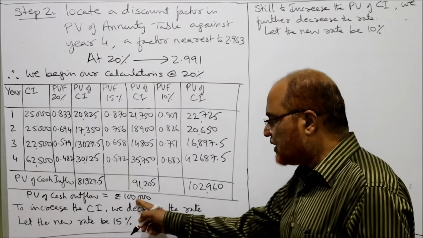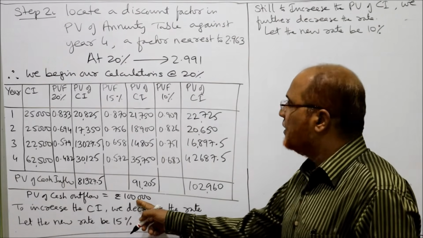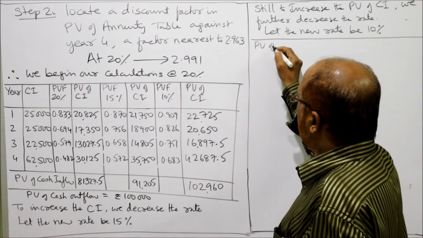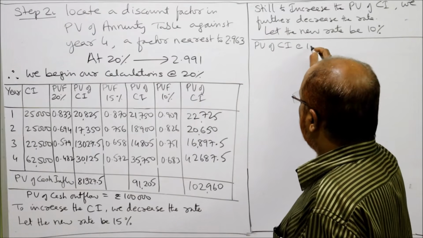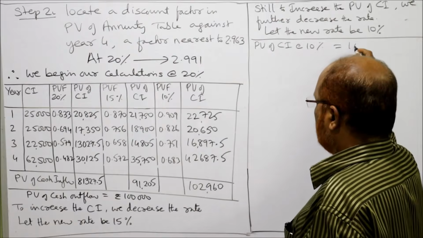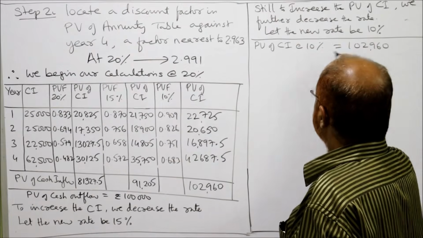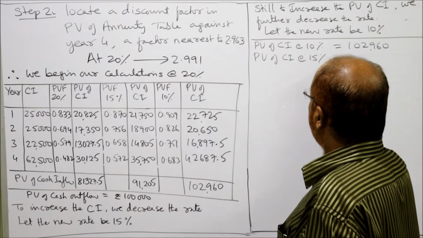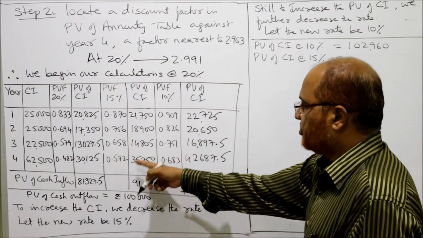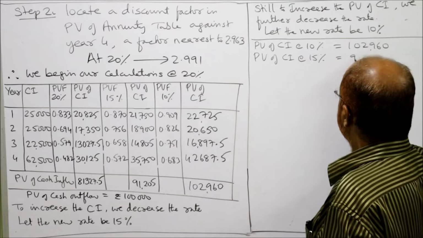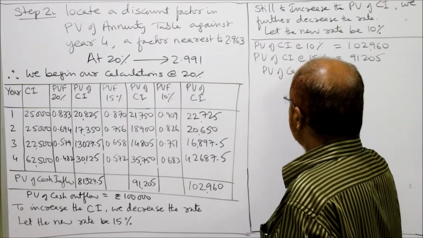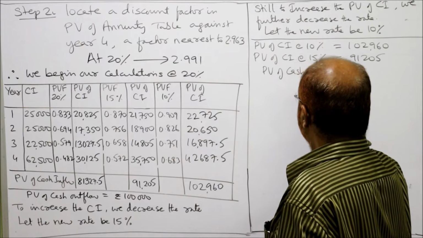This value is more than 1 lakh. Now I am writing here PV of cash inflow at the rate of 10%, 1,02,960. PV of cash inflow at the rate of 15%, 91,205. PV of cash outflow, 1 lakh.